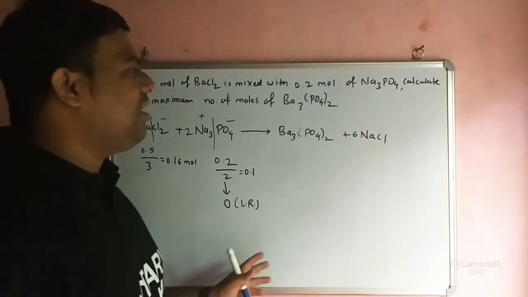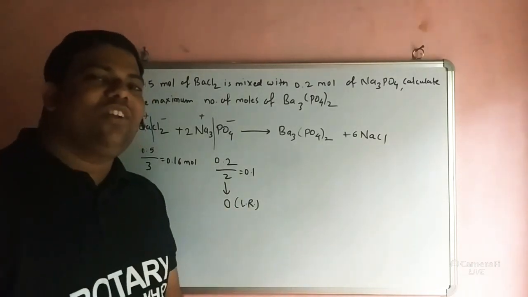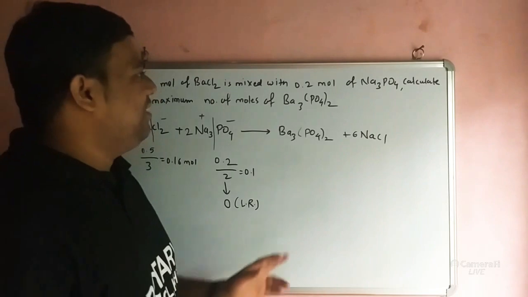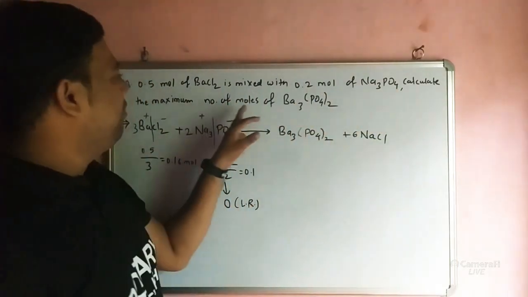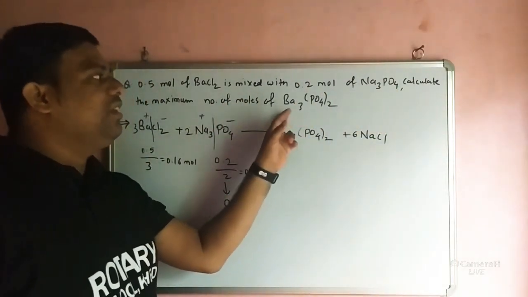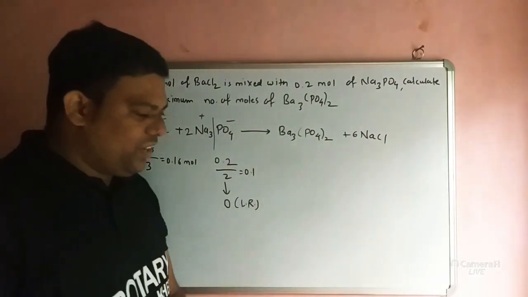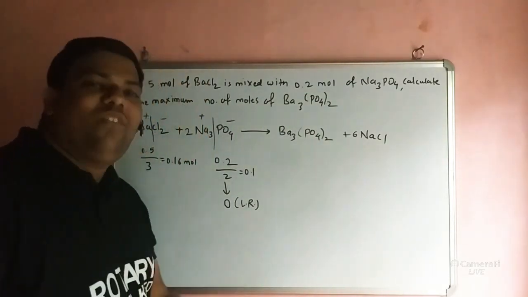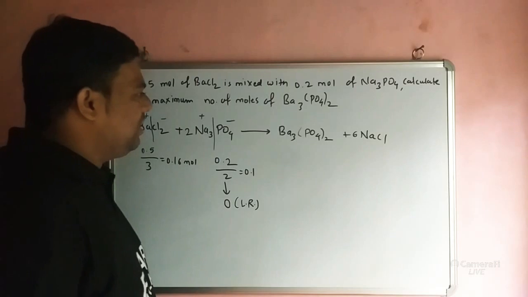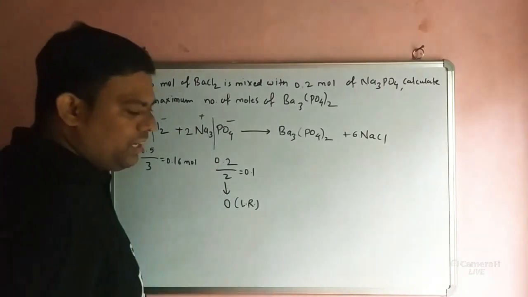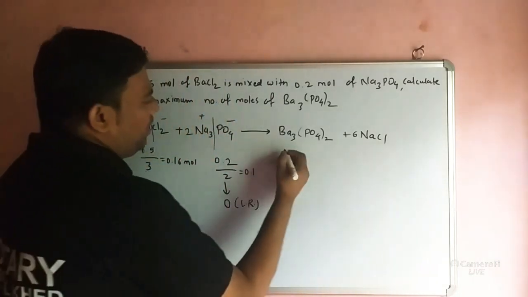So obviously whatever further calculation depends on your limiting reactant. Then calculate the maximum number of moles of barium phosphate formed. ठीक है. So say 2 मोल पासून आपल्याला किती मिळतात 1 मोल.